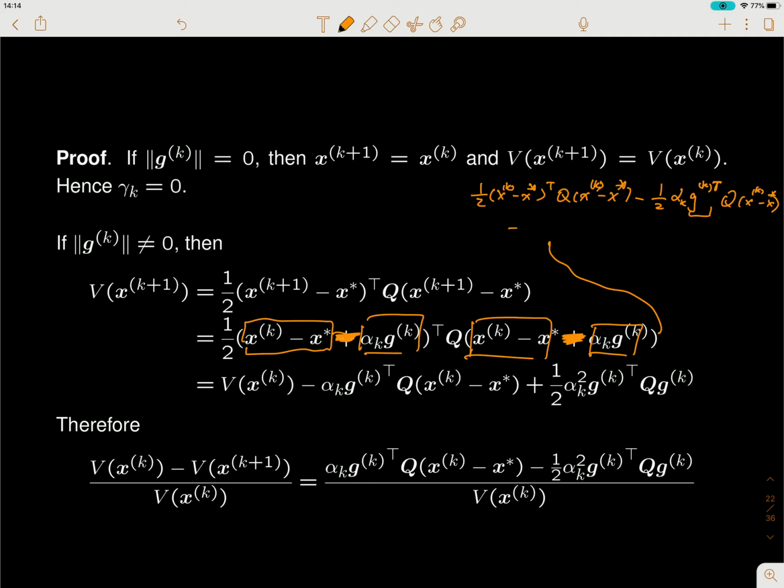Similarly, we'll have the third term, minus 1/2 (x_k minus x*) transpose Q alpha_k g_k, and then finally we'll have 1/2 alpha_k g_k transpose Q alpha_k g_k.